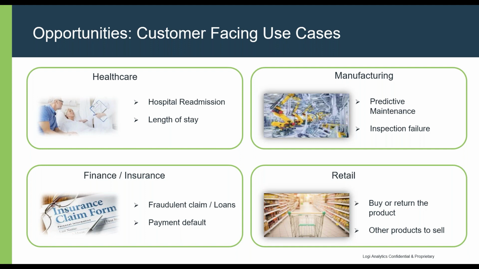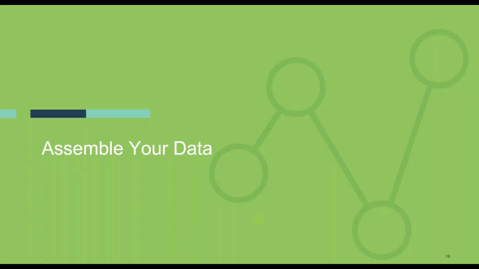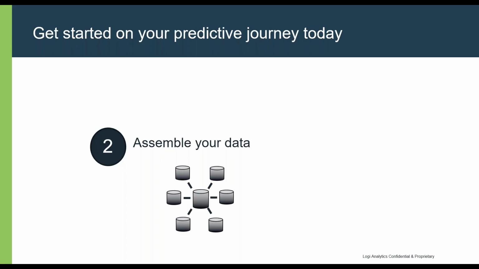So once you pick the predictive problem, the next step to figure out is how do I get the data, how do we assemble the data, and how do I know what data to assemble? To answer that question, I will take the customer churn example and quickly walk you through sample columns that you would have to assemble to be able to understand how to predict if a customer would churn or not.